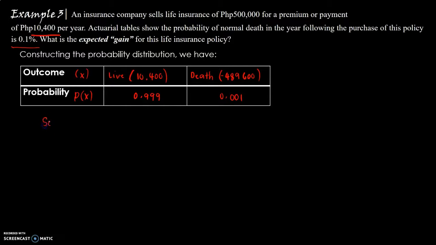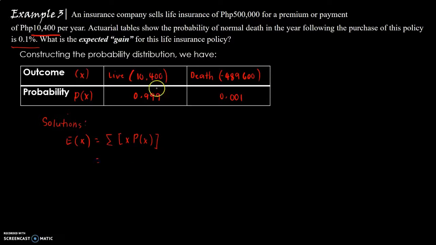So for the solutions, we start with the formula, and that is the expected value of x is equal to the summation of the value of the random variable x times its corresponding probability.